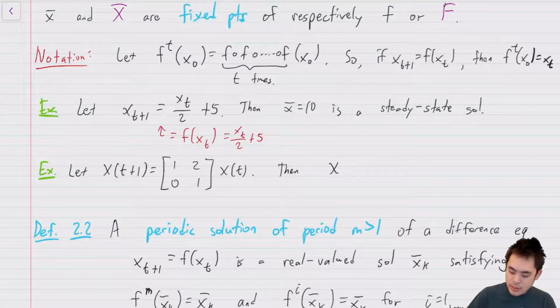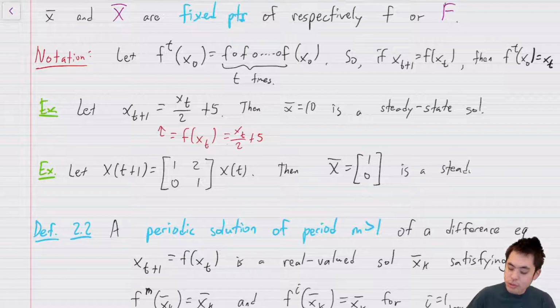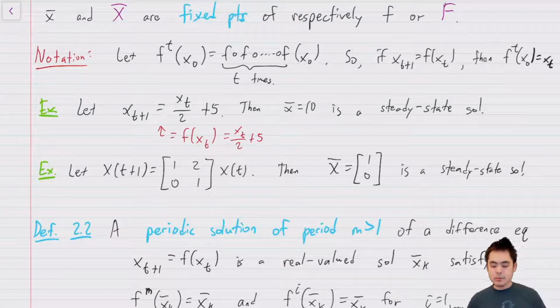Well, then x bar equal to 1, 0, so this particular vector, is a steady state solution, or an equilibrium solution. And that's because if you start with some x naught equal to 1, 0, and you multiply by the matrix 1, 2, 0, 1, you still get 1, 0, and so that is a fixed point of the function defined by your matrix, and also an equilibrium solution of your system of linear difference equations.